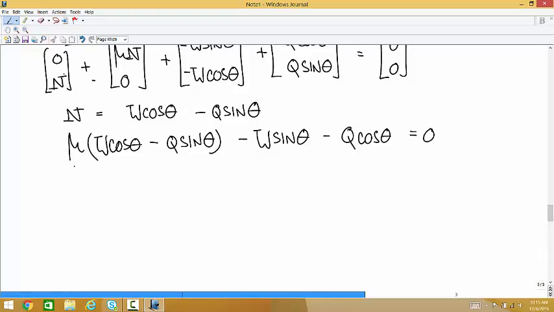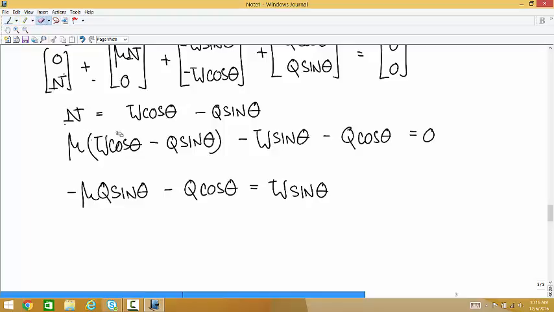I'll get the Q's on the left side. So we have negative mu Q sine theta minus Q cosine theta is equal to W sine theta minus mu W cosine theta.